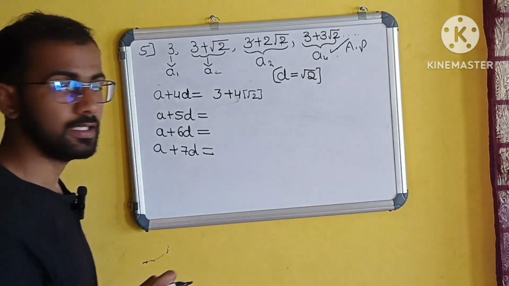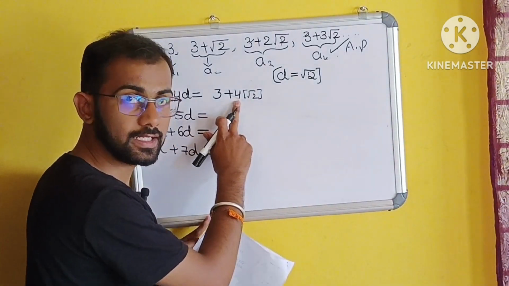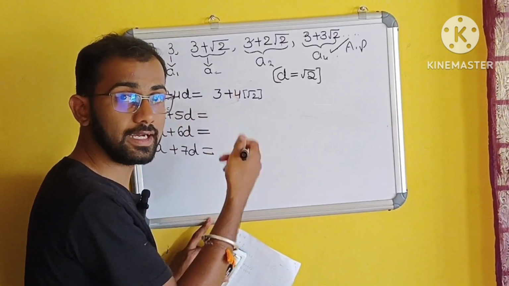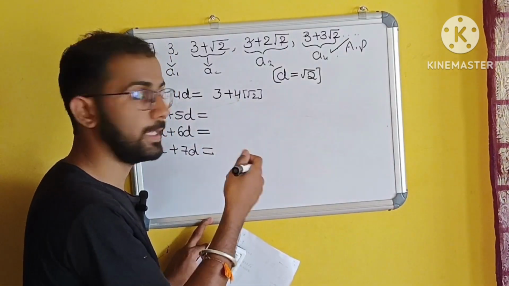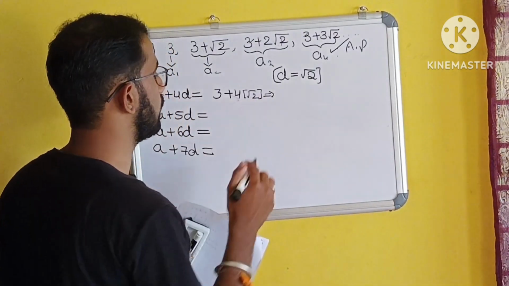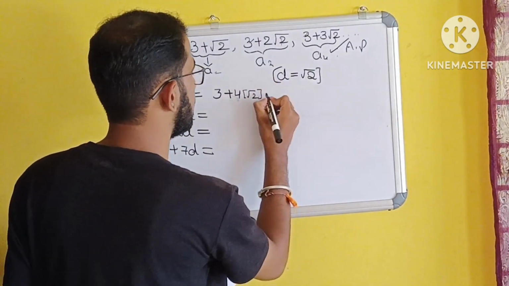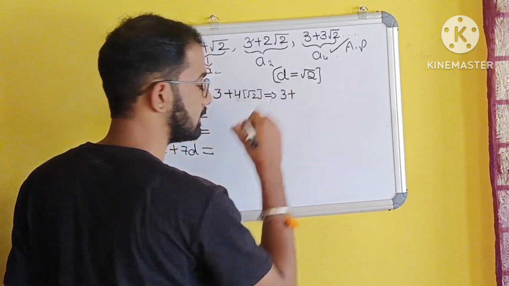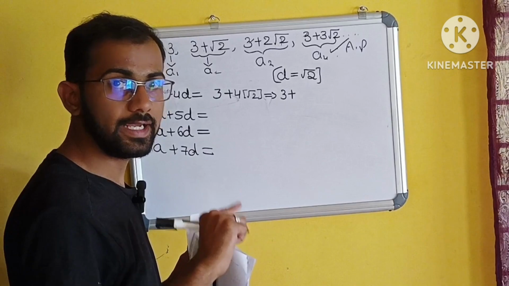So see here, the 4 can be written in terms of roots. How can we write this 4? In the form of roots, which implies 3 plus 2 into root 2.